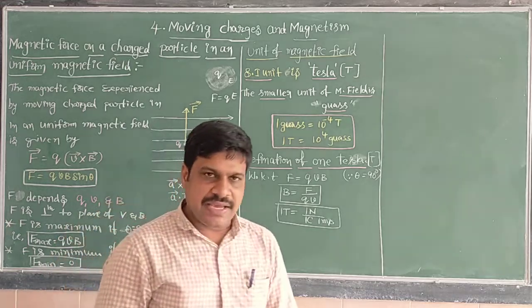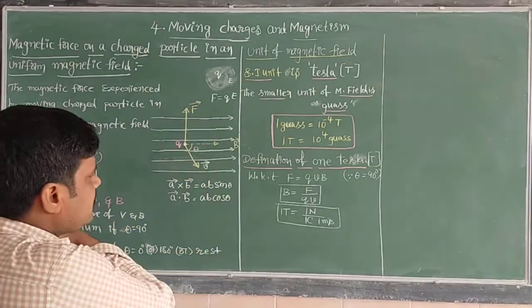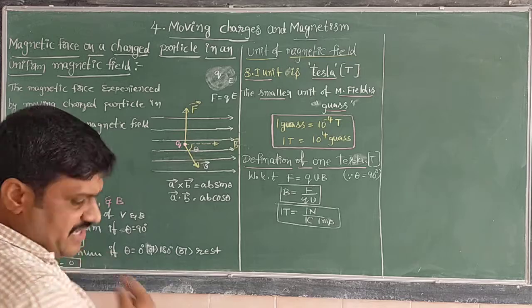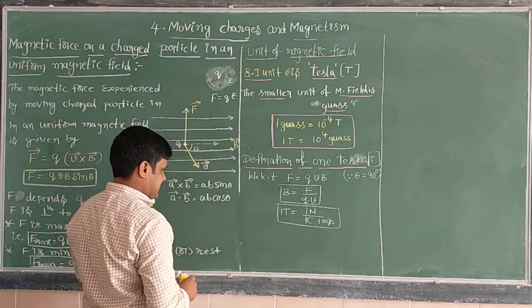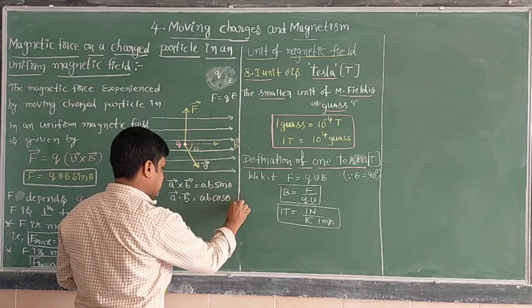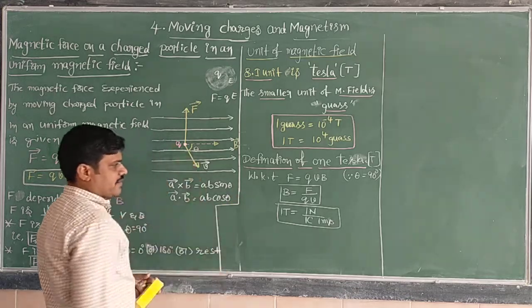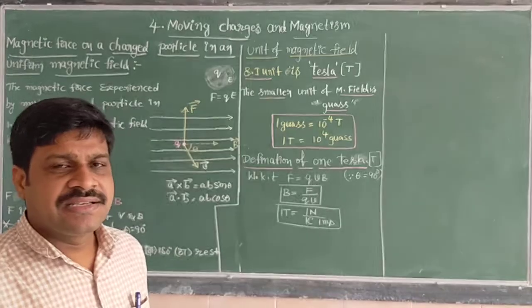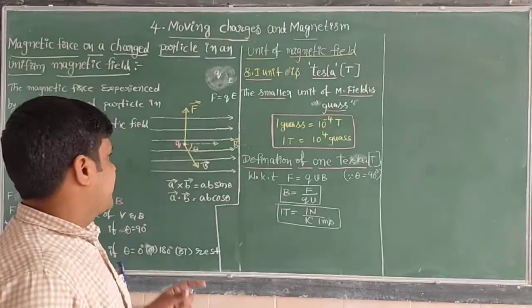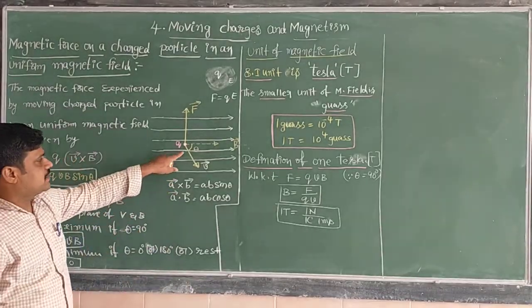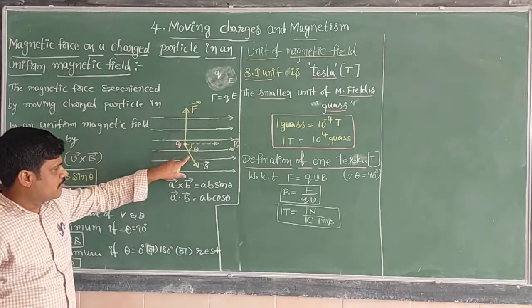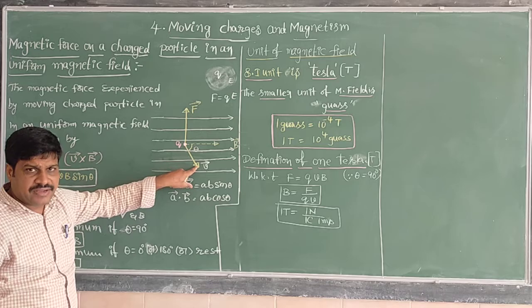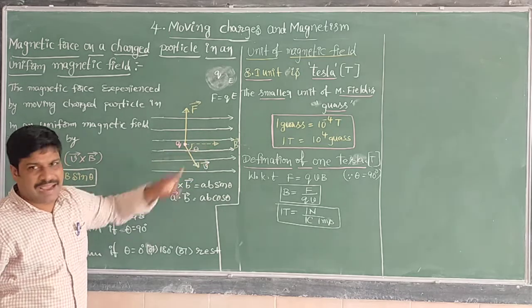Now let me see one thing here. When is the magnetic field said to be 1 Tesla? Suppose a charged particle of 1 coulomb is moving at right angle to the magnetic field.